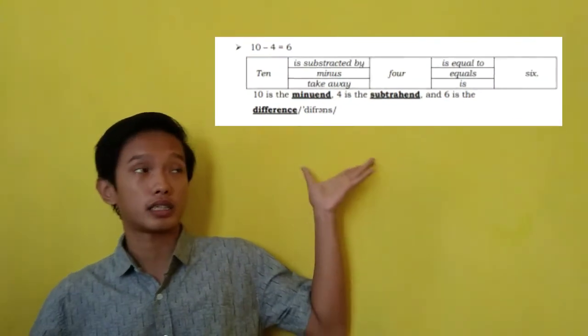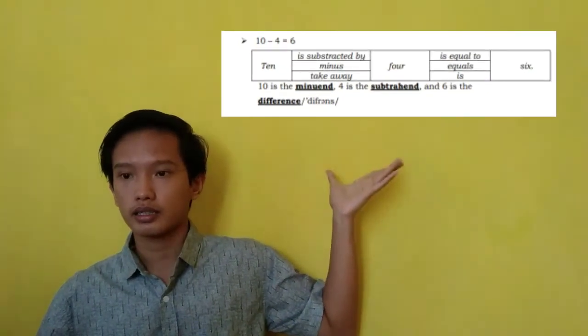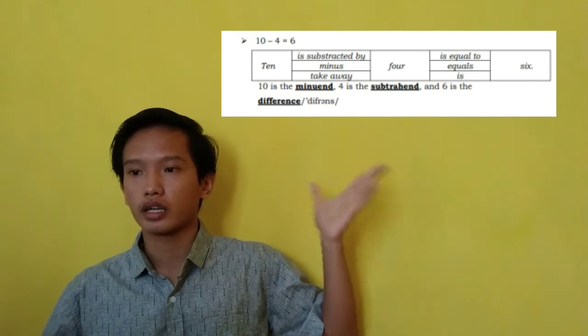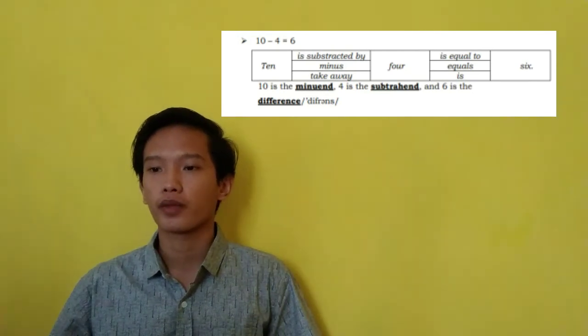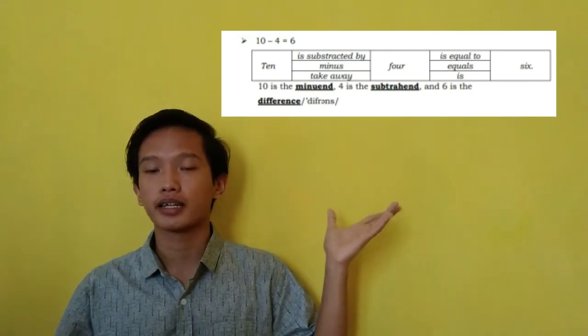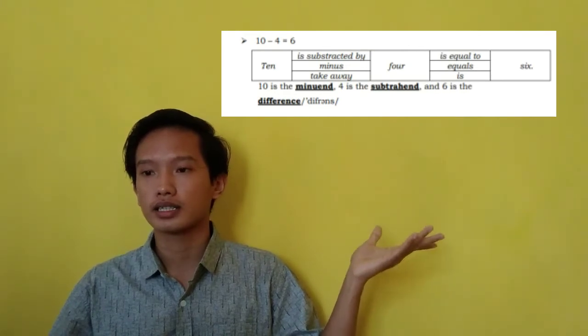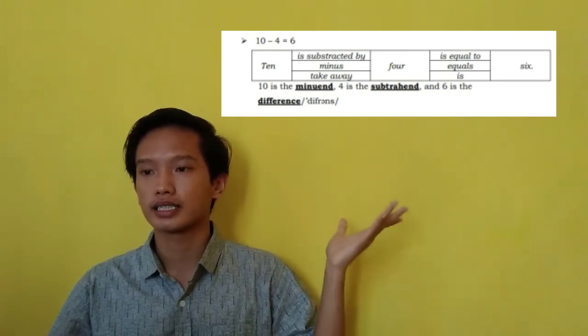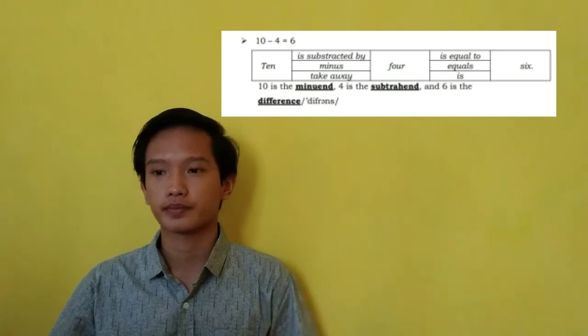If minus, we can say like this example, 10 − 4 = 6. 10 is the minuend, 4 is the subtrahend, and 6 is the difference.